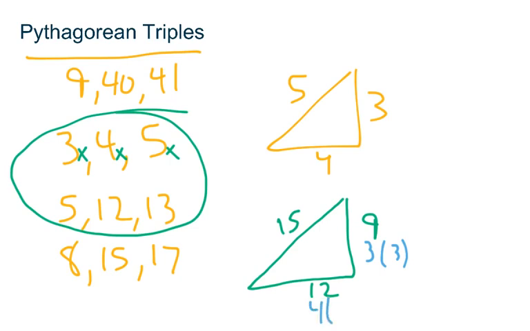We've taken 4, multiplied it by 3. We've taken 5 and multiplied it by 3. So you could also have multiples of 3, 4, 5, 5, 12, 13, 8, 15, 17, and those are considered Pythagorean triples as well. So I just wanted to inform you about that because, again, that's something you'll probably see a lot in your math future, and it will just help to have all that under your belt.